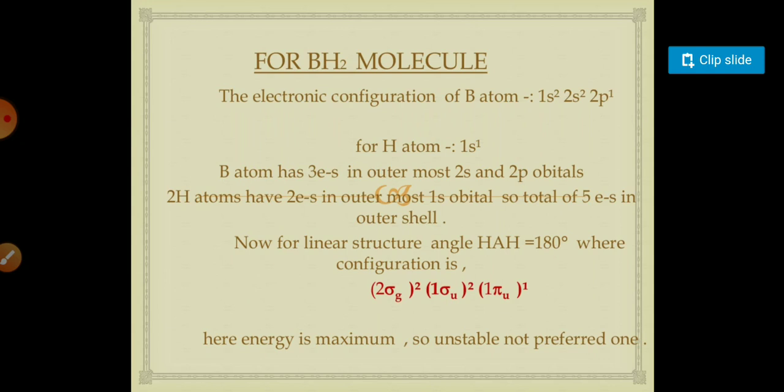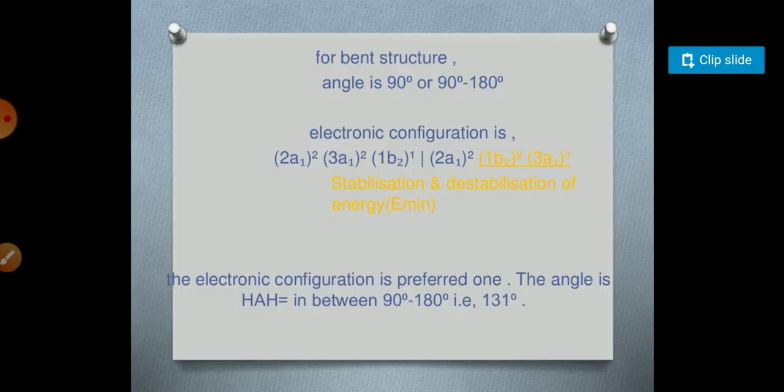Now for the BH2 molecule, it has 5 electrons in the outer shell, and the structure is linear, the angle is 180 degree, whereas the configuration is 2 sigma g square, 1 sigma u square and 1 pi u 1. The energy is higher, so the unstable one is not preferred. Now if the bent rule is applied for the similar case, the angle is 90 or 90 to 180 degree.